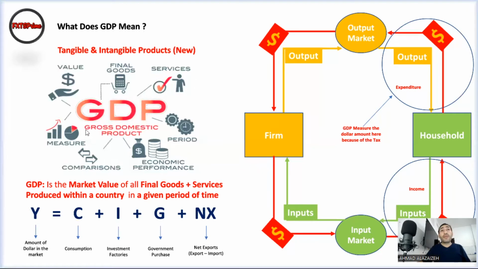The measurement of the GDP is for the product which is produced within your local country, the US, and sold internally or externally. When you have an imported product, it is sold internally, but it is not produced by the US. That is why we say net export, which is export minus import.